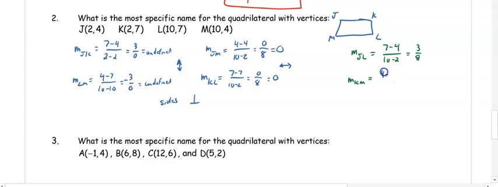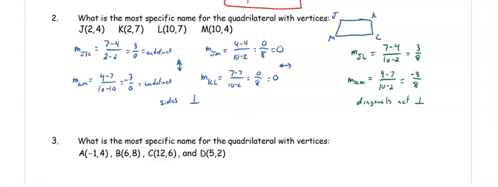And for KM, 4 minus 7 over 10 minus 2, which gets us negative 3 over 8. These are not opposite reciprocals, so the diagonals are not perpendicular, which means that the only shape this could be is a rectangle.